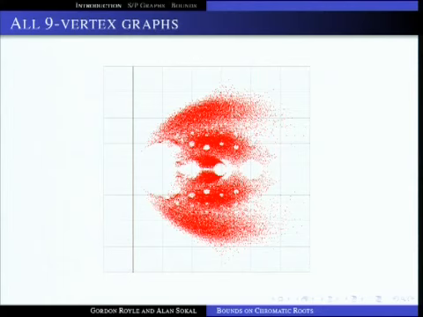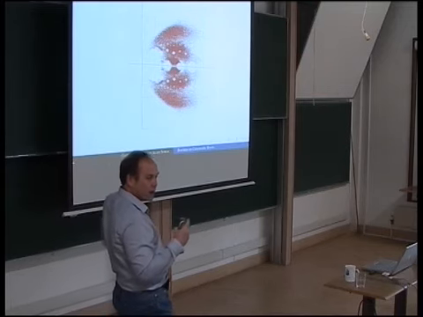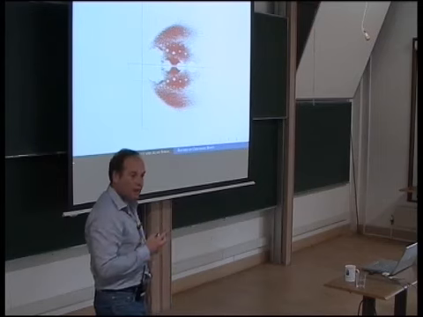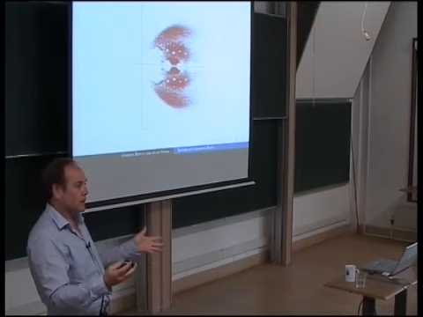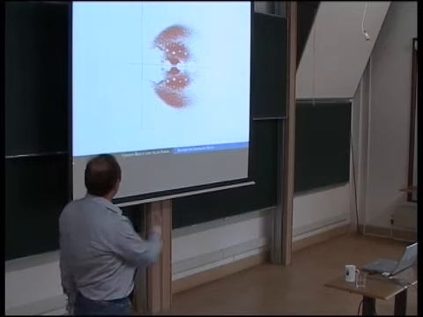So this is the sort of picture that you're trying to explain in theoretical terms. So this is the complex plane. Each red pixel is one chromatic root of one 9-vertex graph, and all of the red pixels together are all 200,000 9-vertex graphs, 9 roots each, so 1 million pixels or so.